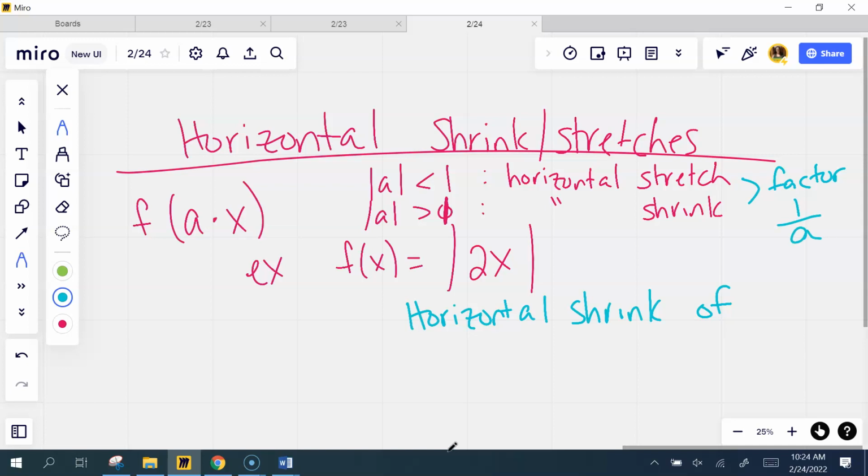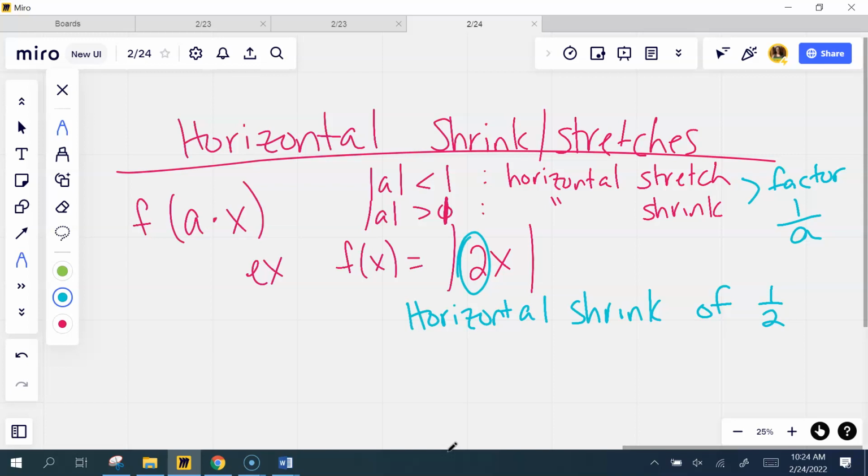So you've got to flip it over, because I wouldn't say it's a shrink of 2. That doesn't make sense. I would say it's a horizontal shrink of 1/2. So you take this a and you flip it, and that's your shrink or stretch factor. Right.